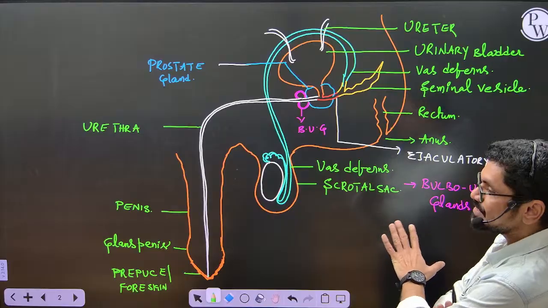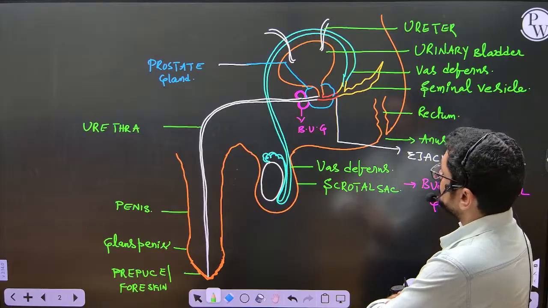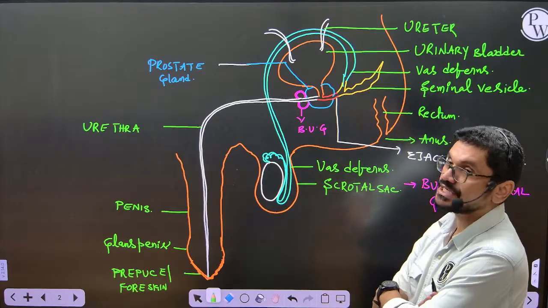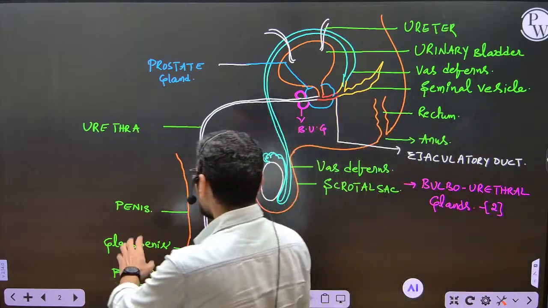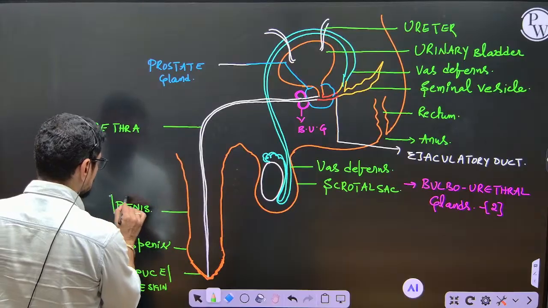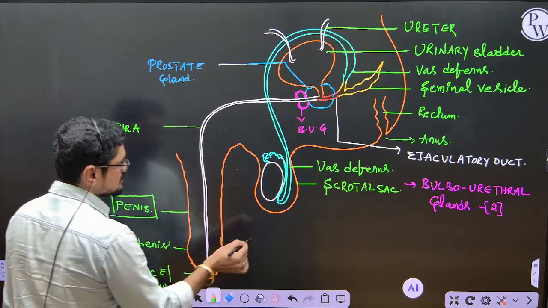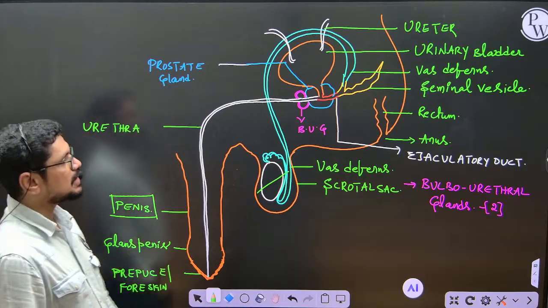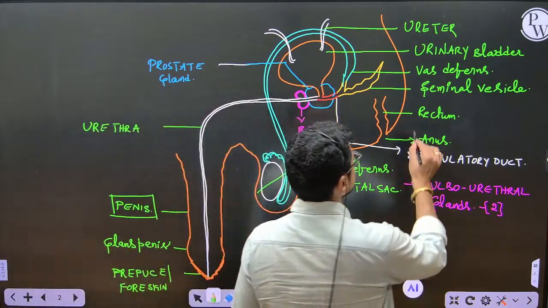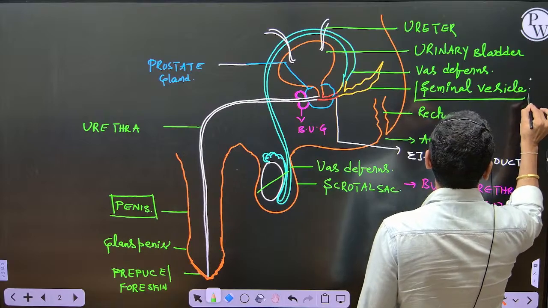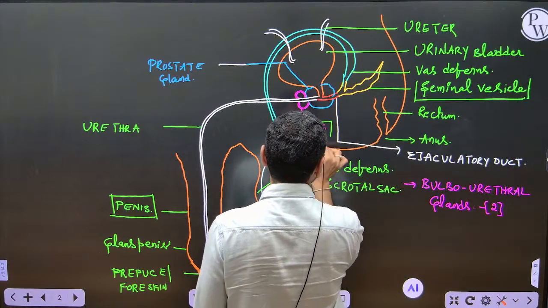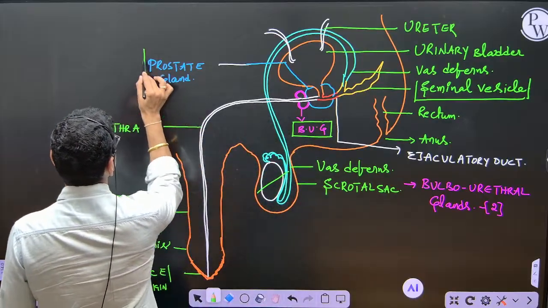Okay, this is the sagittal view, the side view of the male reproductive system. We already finished most of the parts, and now I have to explain the penis and the transverse section of the testis. I also have to explain the seminal vesicle, the bulbourethral glands, and the prostate gland.